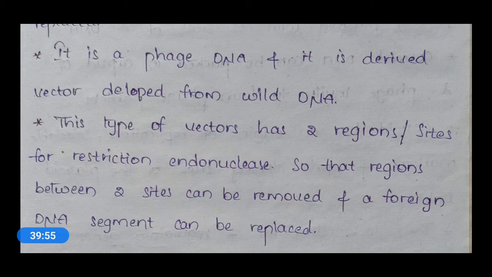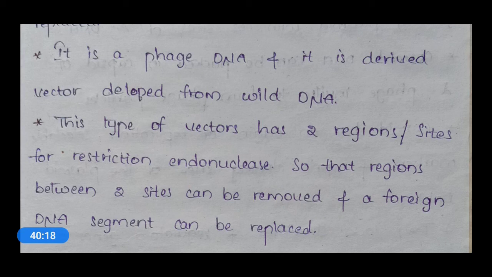These are the two types of vectors, that is, lambda phage vectors. One is the insertion vector and the second one is the replacement vector. What are the differences? Two major differences between the insertion and replacement vector. First one is the process.